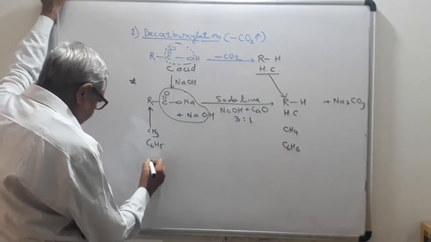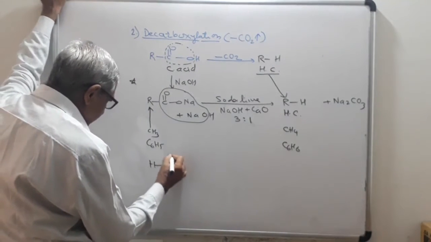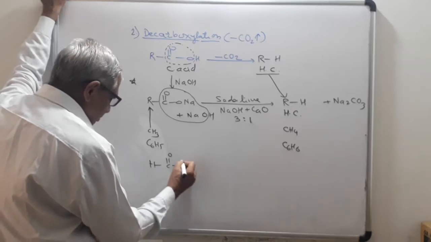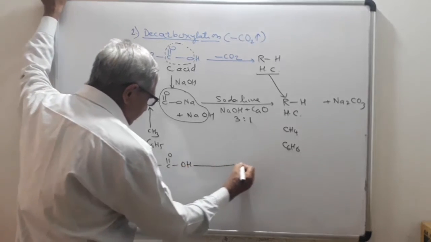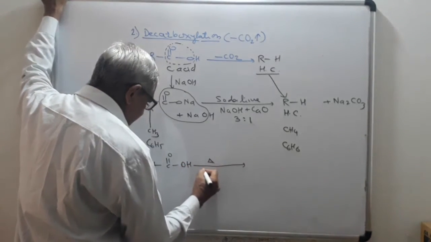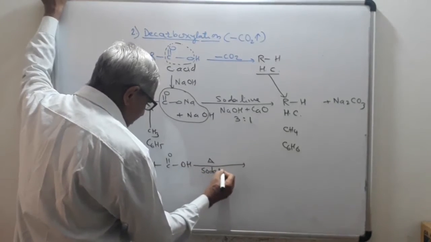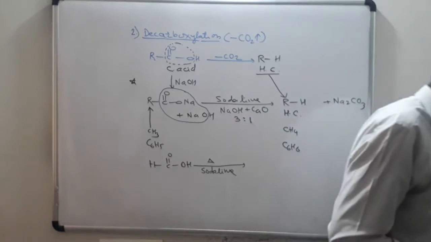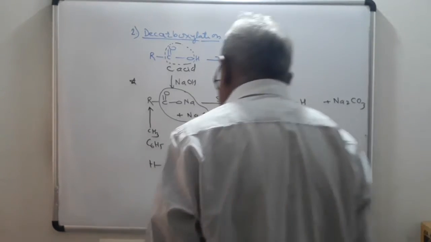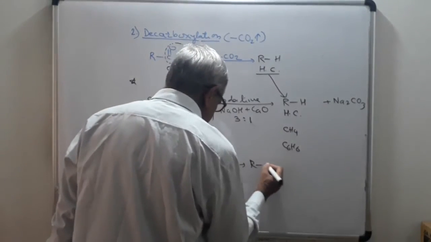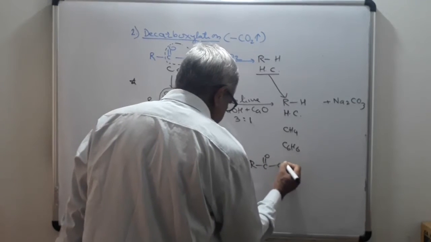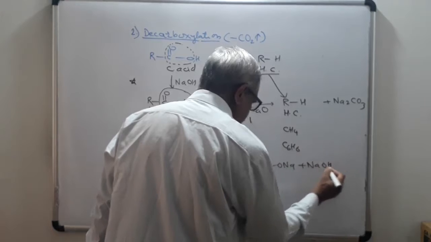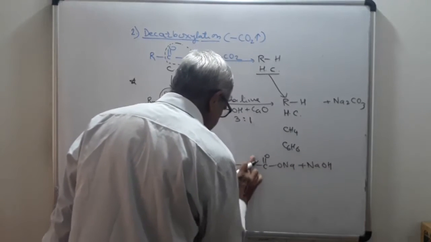Now remember that when you take formic acid, the sodium salt of formic acid, and heat it with soda lime, first it is converted to the RCOONa, the sodium salt, and then when you do the reaction with NaOH, you will get H here.